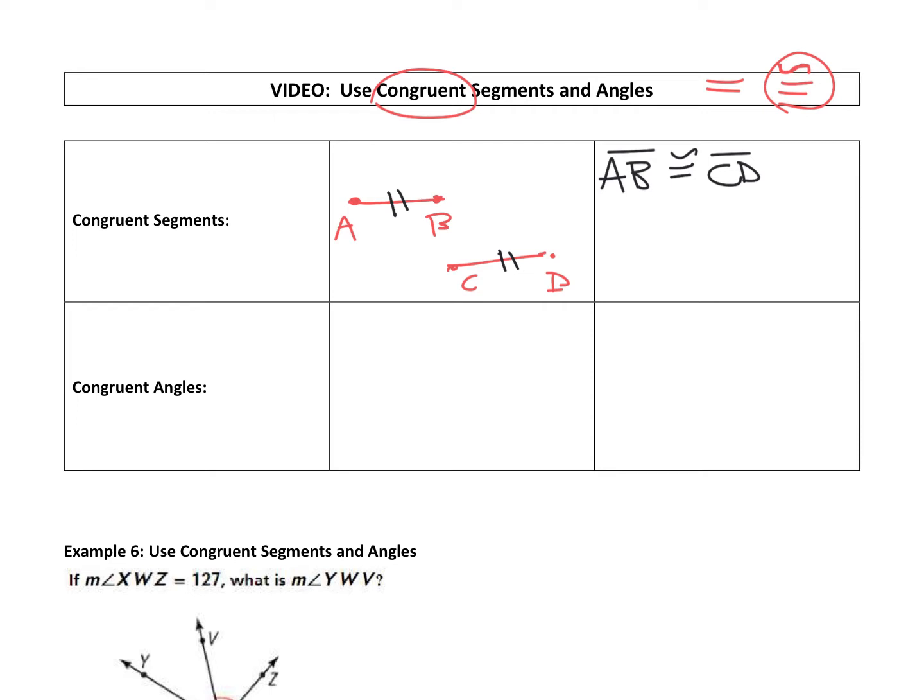All right, so congruent angles, same idea. Let's see. A, B, C, and we have ray AC, ray AB. Let me draw another one.